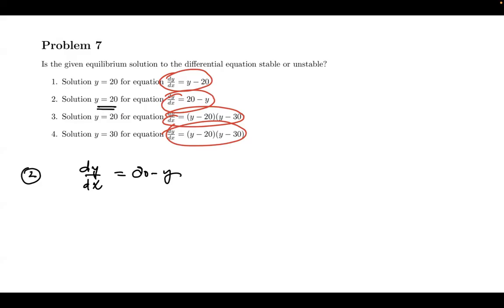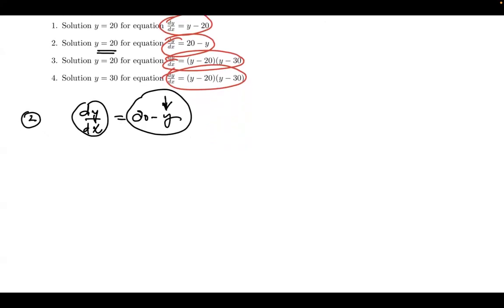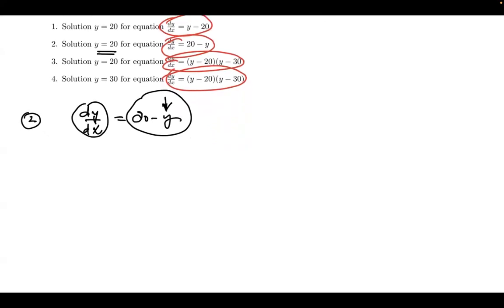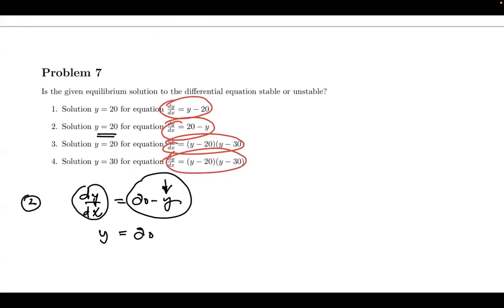So y is equal to 20 is an equilibrium solution. If you put y is equal to 20, 20 minus 20 becomes 0. Hence the derivative is 0. But we need to determine whether this y is equal to 20 is stable or not.